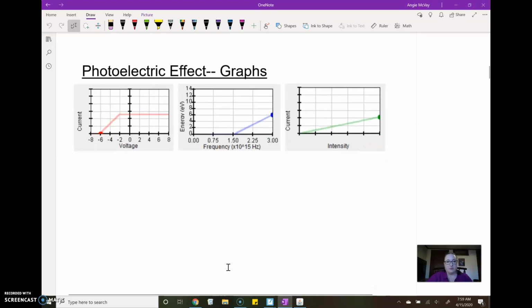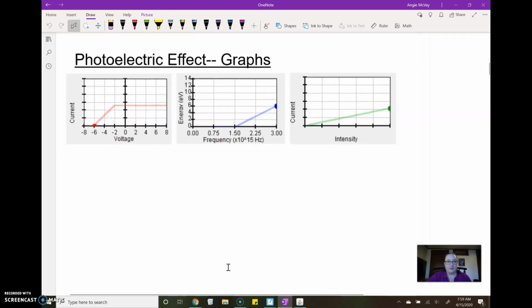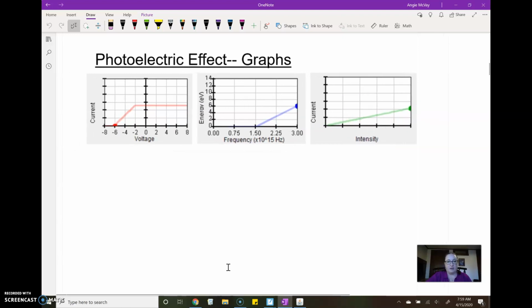Okay, so in your simulation, you should have come up with three graphs. You would have seen them on the sidebar in the simulation. And so a couple of things that we can get from these graphs is that there is a certain limit at which you can get current flowing through the device.